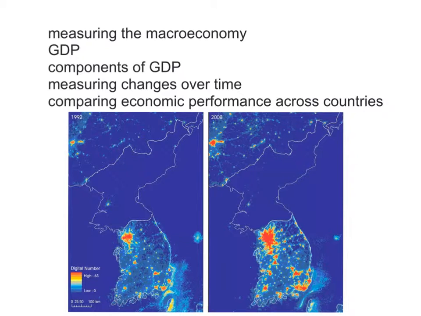It shows the time period from 1992 to 2008. Using satellite images, you can see how South Korea has grown as measured by output of light, and how North Korea has remained stagnant. That's a really graphic illustration of how the difference between North and South Korea is a persistent and very radical, dramatic difference.